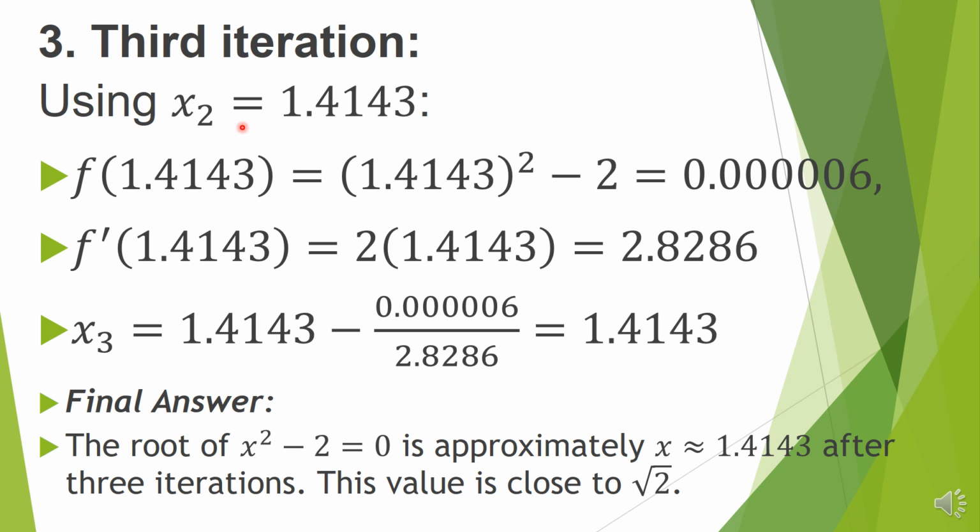Using x2, we put it in the function values. After the simplification, we get this answer. The same x2 we put in the derivative function. Then after the simplification, we get this answer. Now we find x3 with the Newton-Raphson formula.